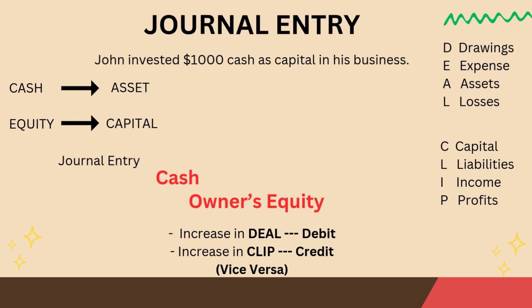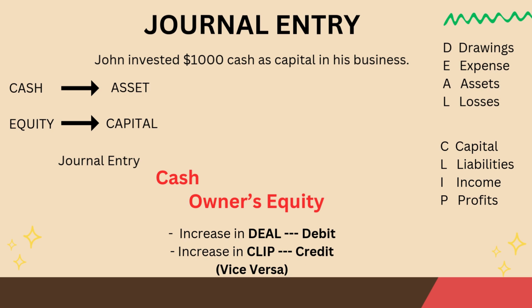Asset belongs to DEAL, and as I told you earlier, an increase in DEAL represents debit. Whereas capital belongs to CLIP, an increase in CLIP represents credit. So what will be the journal entry? Simple. Debit cash and credit owner's equity.